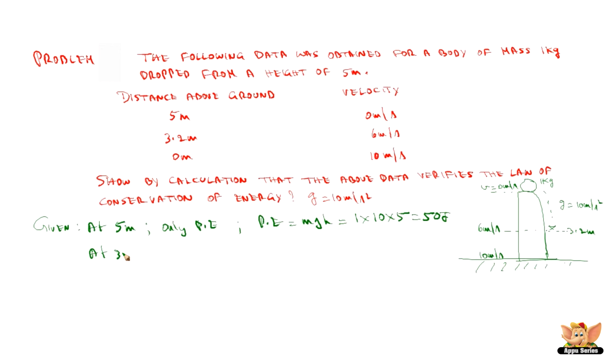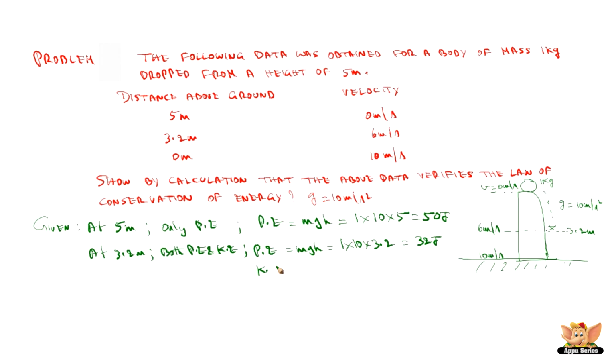Now at 3.2 meters, we have both potential energy and kinetic energy. Potential energy is mgh, where m is 1, g is 10 and h is 3.2, so this is 32 joules.